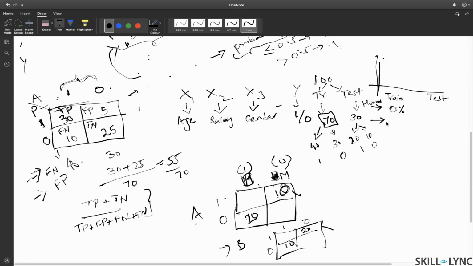But when we are making our machine learn this using an algorithm, it's not necessary that you will get a 0% error.